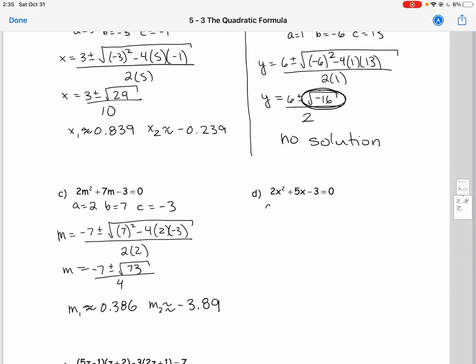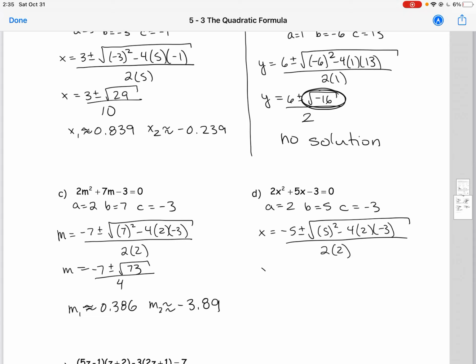Okay. Another example here, a equals 2, b equals 5, c equals minus 3. X is going to equal negative b plus or minus square root b squared minus 4ac all over 2a.